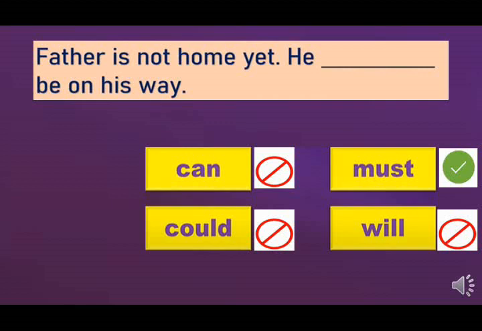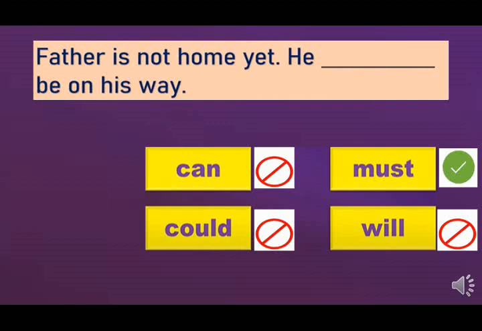Father is not home yet. He must be on his way. So, yes, the answer is must. Because the father must be on his way, because he is not at home. It tells that he must be on his way, or he may not be on his way.